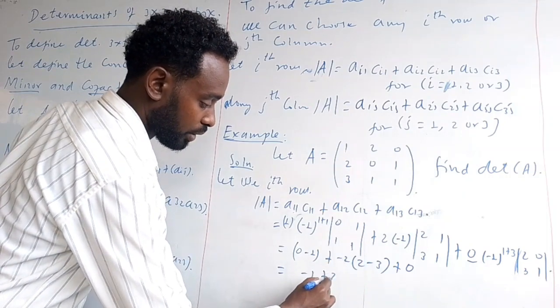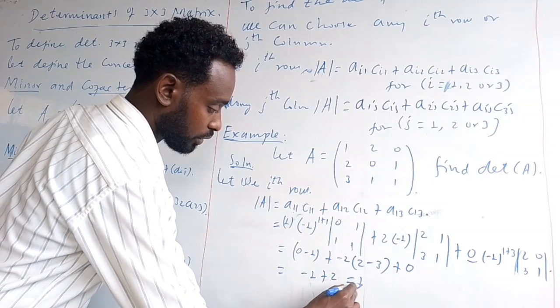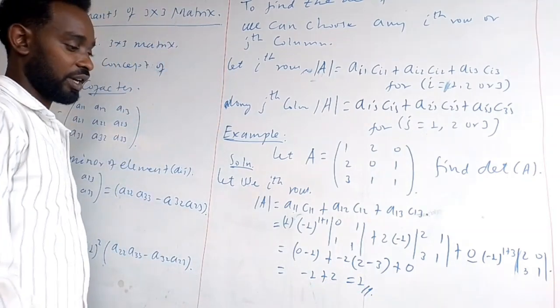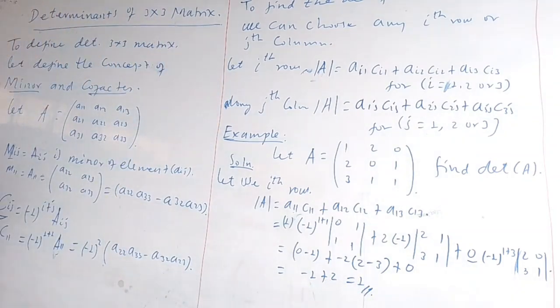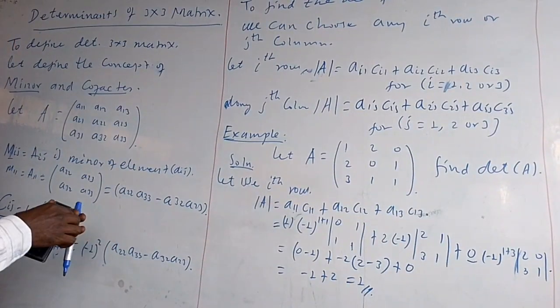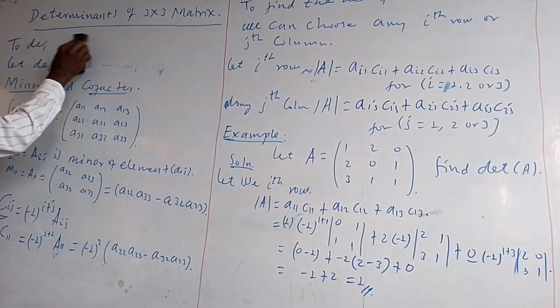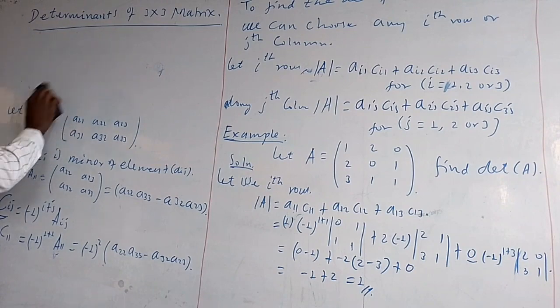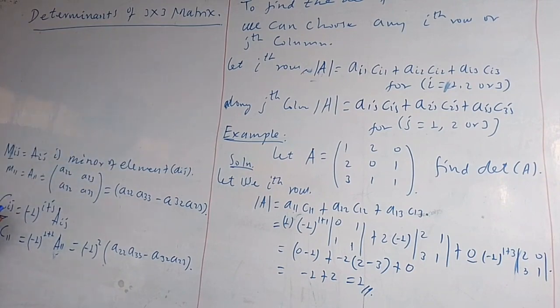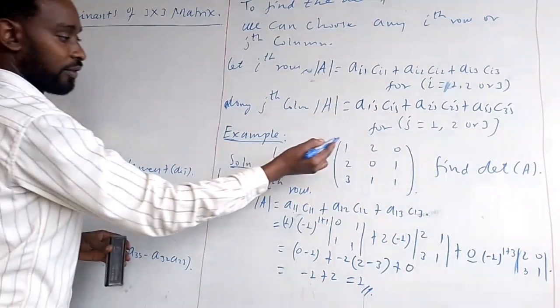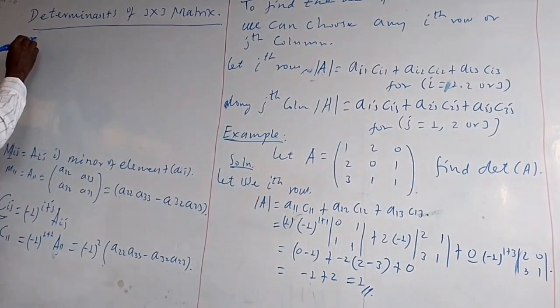So here we obtain minus 1 plus minus 2 times minus 1, which is positive 2, so minus 1 plus 2 is 1. Along the first row the determinant of A is positive 1.